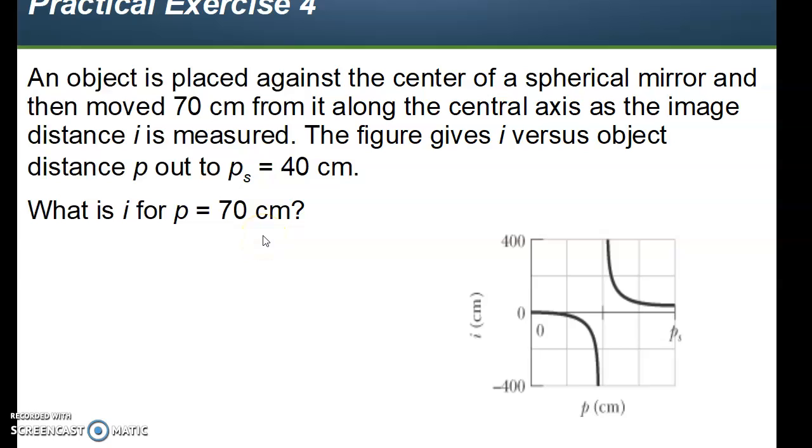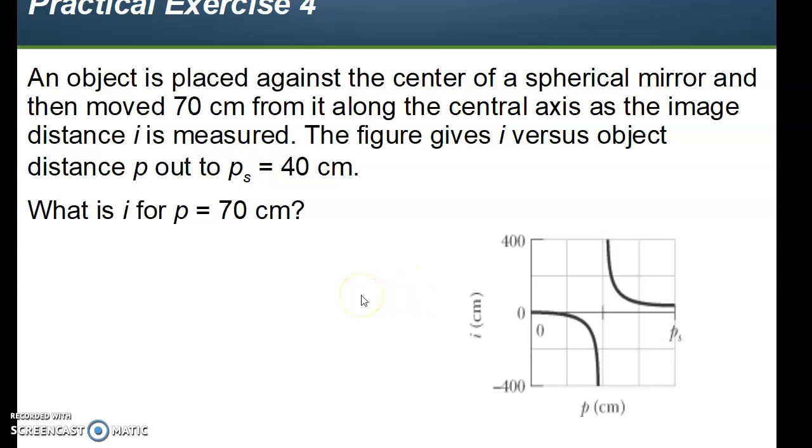And again, from the graph right here, you can see that the focal point is going to be right here. It's going to be at 20 centimeters. So when this goes to infinity here and this goes to infinity here, that means this right here is the focal point. So that is from the graph.